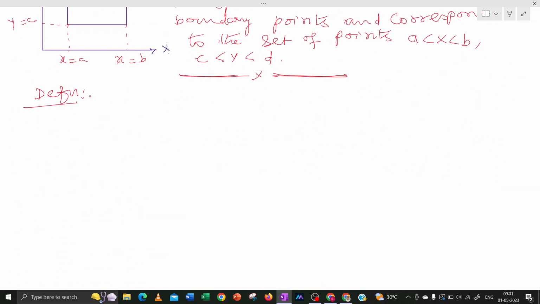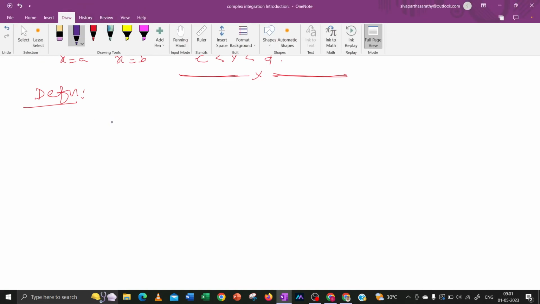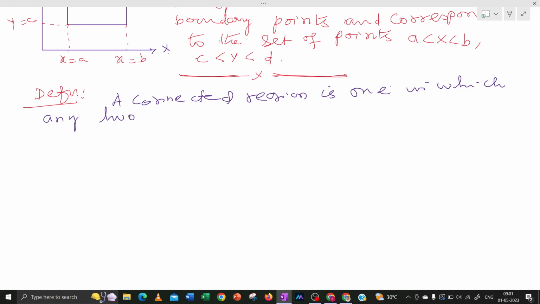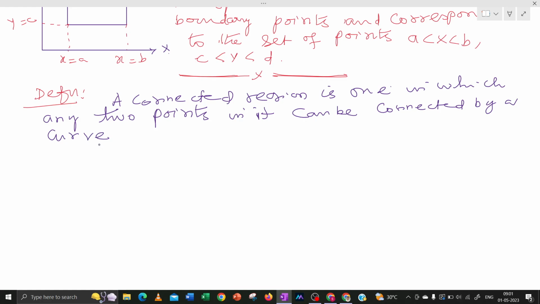Definition: a connected region is one in which any two points in it can be connected by a curve which is entirely within the region.